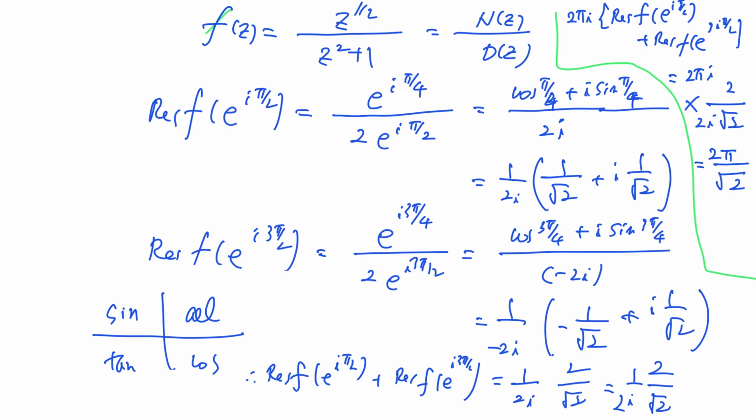So let's go back to the original. I is pi over square root of 2.